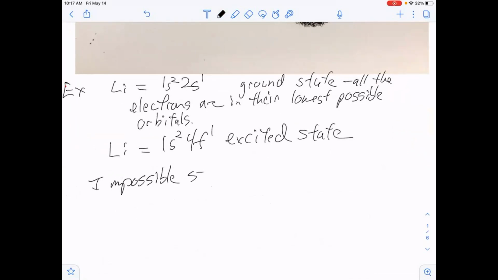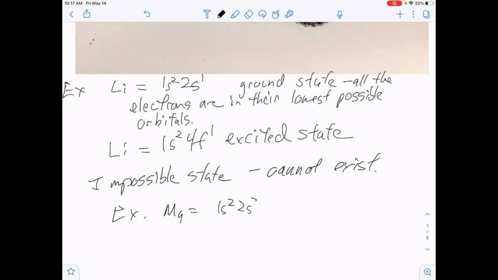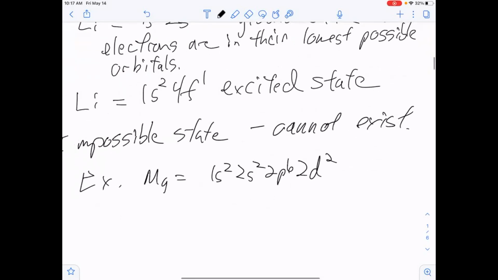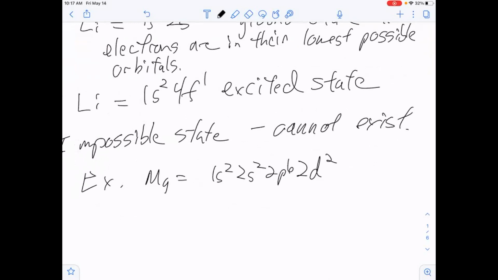An impossible state cannot exist. Here's an example of an impossible state. Magnesium, 1s2, 2s2, 2p6, 2d2.